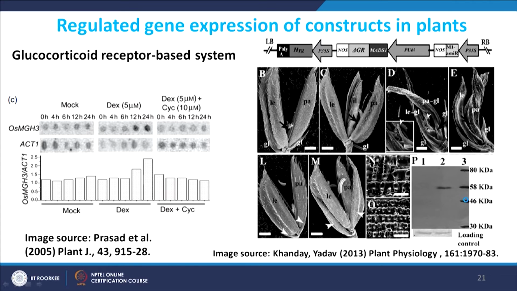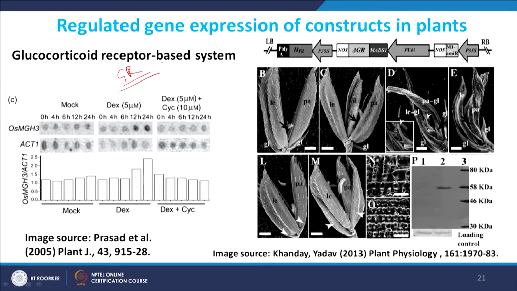We know that transcription factors have to enter the nucleus to activate gene expression. If you retain them in the cytoplasm and can regulate their translocation between cytoplasm and nucleus, you can regulate their activity. This is done by fusing your transcription factor with a rat or mouse glucocorticoid receptor.